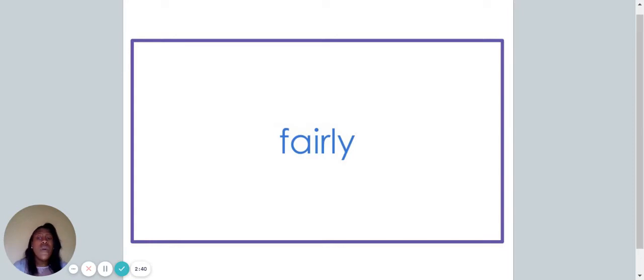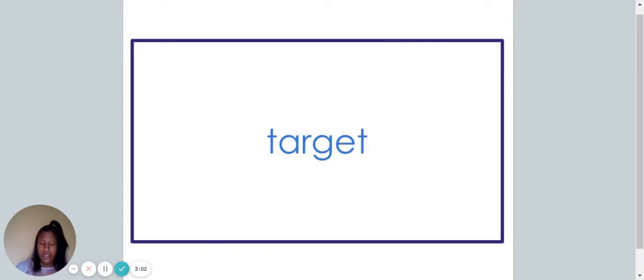Remember, you could always clap it out if you need help. Fairly. Can you draw a line on your piece of paper to separate the words? Great job. The line goes between the R and the L. Let's move on to our next word.